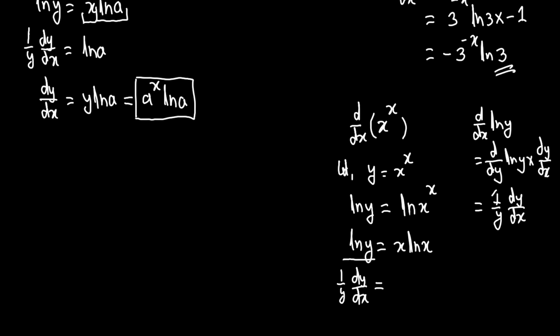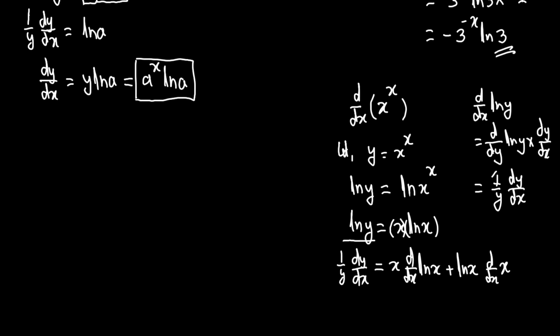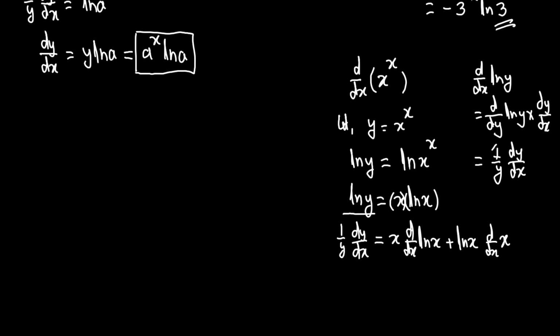On the right side, two functions are there, x and ln x. We need to apply the product rule of differentiation. Let me apply it, so 1 by y dy by dx equals, let me differentiate x into ln x: we get 1 by x times x, and then ln x times the differentiation of x, which is 1.